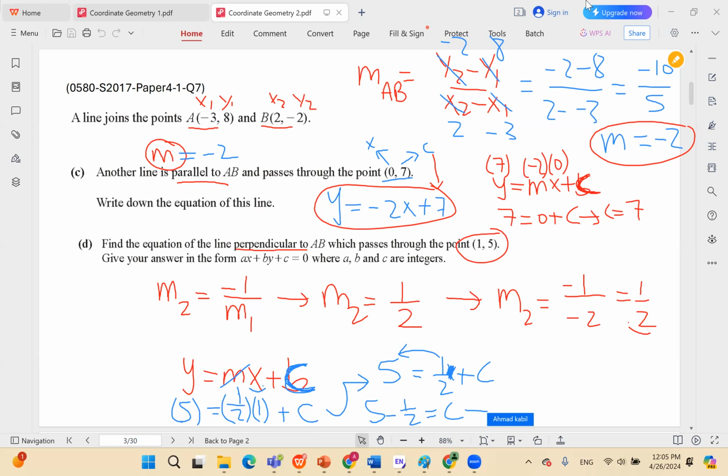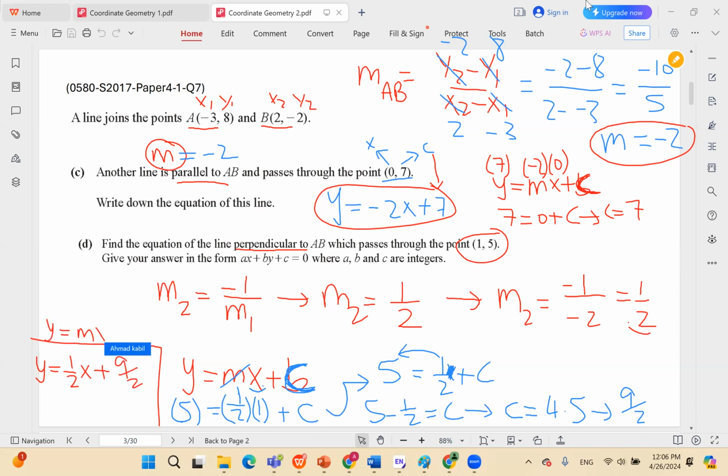Therefore, c equals 4.5, which is also 9 over 2. Now that we have our equation, we can write it as y equals positive half x plus 9 over 2. This is the form y equals mx plus c, but they don't want this form in the final answer.